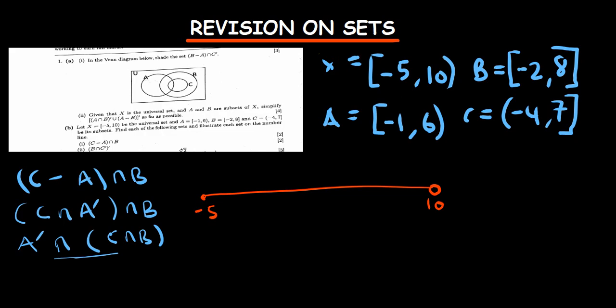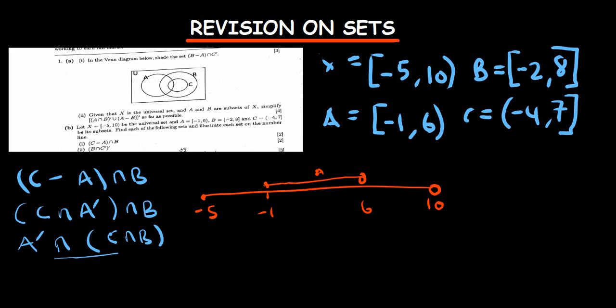So this is my universal set x. Then the other sets: I have A from negative 1 up to 6. Let's say 6 is here. So that is my set A. It is open at 6 and closed at negative 1.